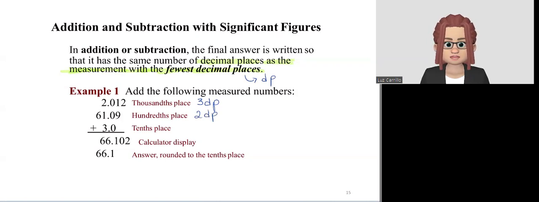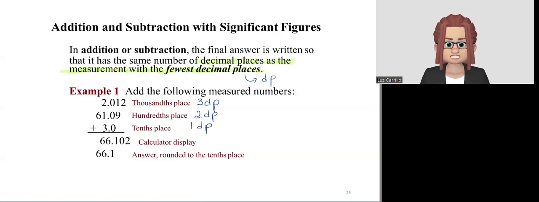In the third measurement, we have 1 decimal place. So even though our calculator shows us 66.02 as the result of adding these 3 numbers, understand that rounding is necessary.